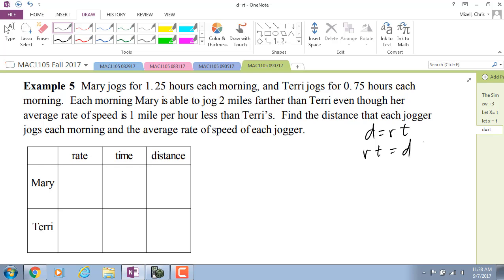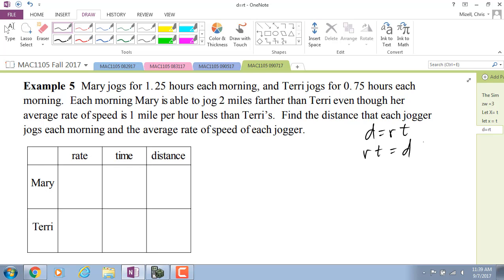Either we need to be told both Mary and Terry's distance, the exact distance that each of them jogged, or we need to be told both Mary and Terry's time, the exact amount of time that they spent jogging, or we need to be told both Mary and Terry's rate, the exact rate of speed at which each jogger was jogging.